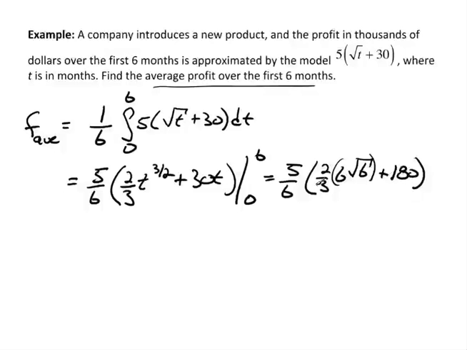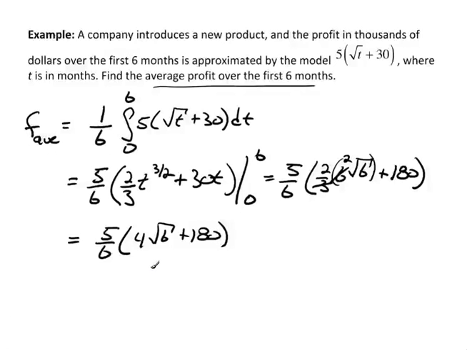And then I subtract this function at 0, but that's just going to be 0. So now I can start thinking about trying to reduce this. See, there's going to be a 2 here, and that will give me 5/6 times 4 root 6 plus 180.